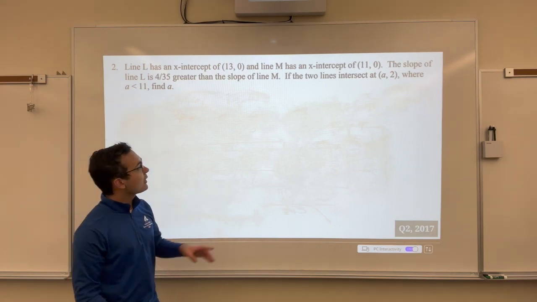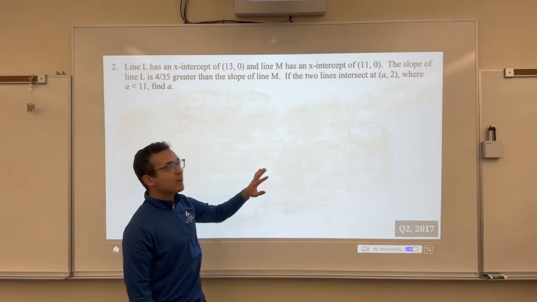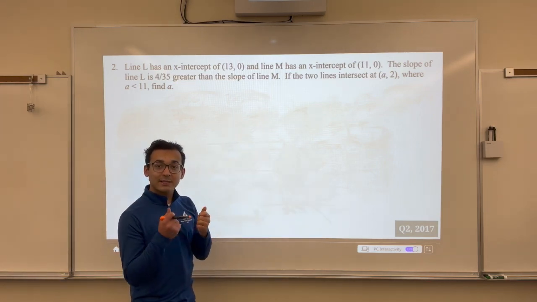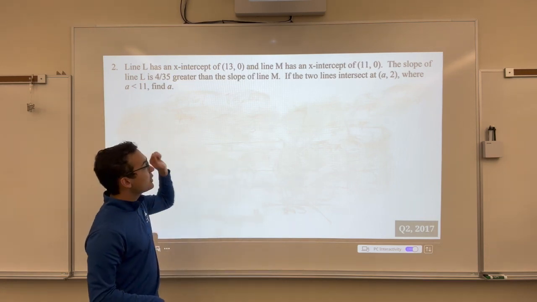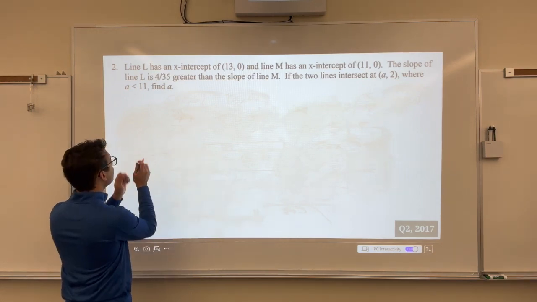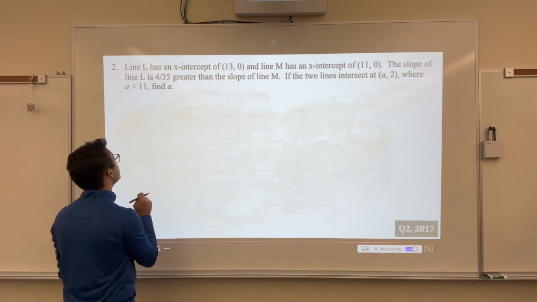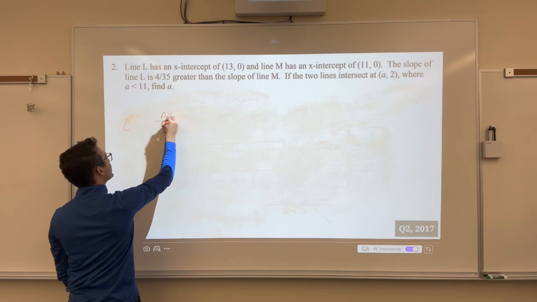We also know that both of these lines contain the point (a, 2), and we also have another point on each of the lines. So given that we have 2 points, we can calculate the slope, which will be helpful because it tells us the information we need to relate the slopes to one another. We know that the slope of line L is 4/35 greater than the slope of line M. So if we solve for the slope of line L, that would be change in y over change in x.